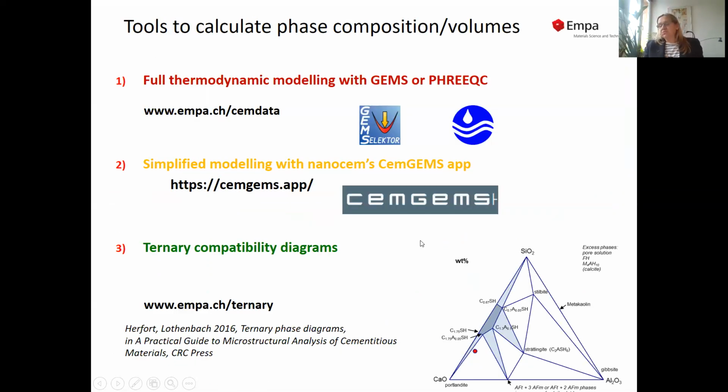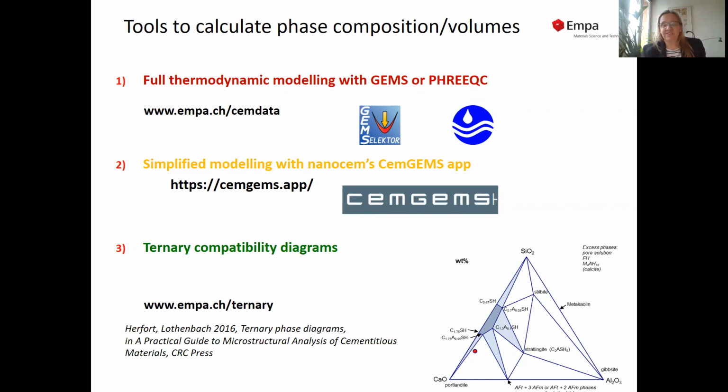I want now to present you an overview of the different tools available to calculate the phase composition and the volumes. Basically, there are three main possibilities you can use and teach to your students. You can either use thermodynamic modeling using GEMS or PHREEQC.